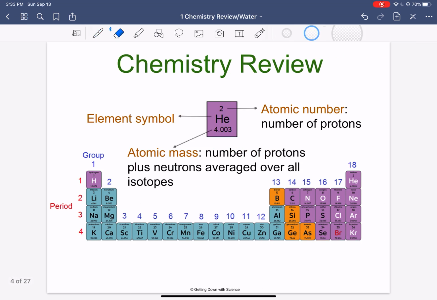When you're looking at the periodic table, just a couple of things. The atomic number is the number of protons. If you change the number of protons, you change the element. So if you've got something that has 28 protons in it, it's nickel. If you somehow squeeze another proton into that, it actually becomes copper.